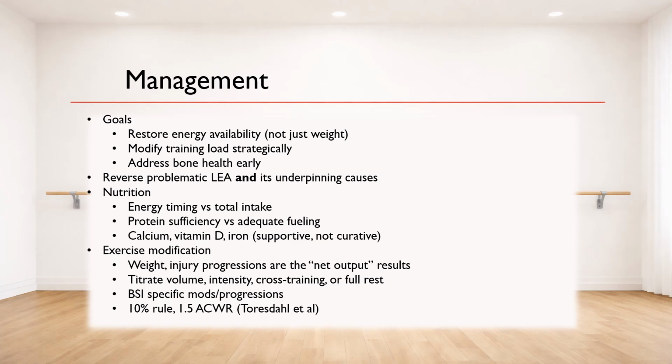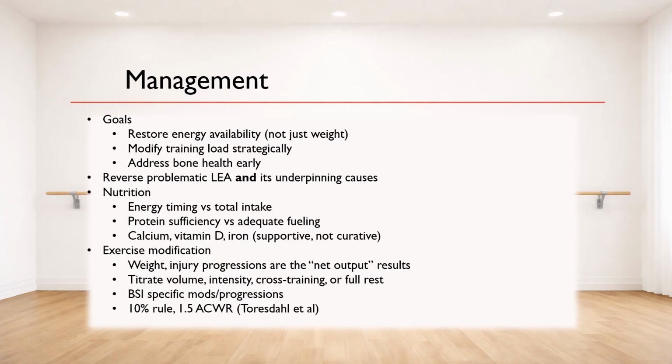Dietitians and providers can help athletes with understanding their intake needs, some fueling strategies, and any supplementation needs if those apply. Calcium, vitamin D, and iron are all really important for optimizing performance and injury prevention, and these three nutrients in particular are often lacking in typical diets, even when energy availability is adequate.